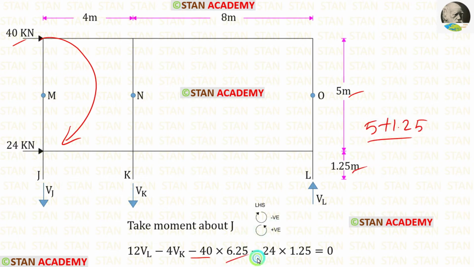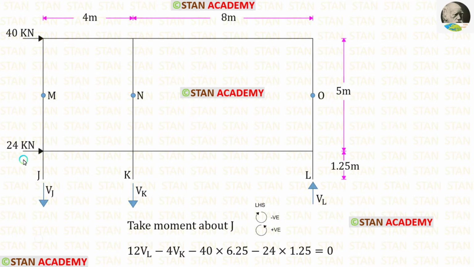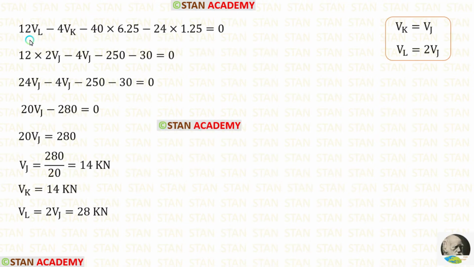We will get 6.25. This load is also acting in the clockwise direction, so that is also negative, and the distance is 1.25. For VL, we can apply 2 Vj, and for Vk, we can apply Vj.